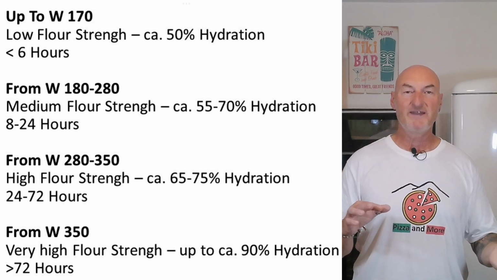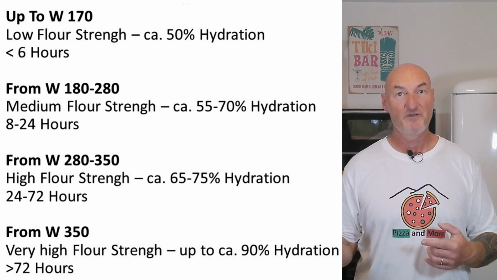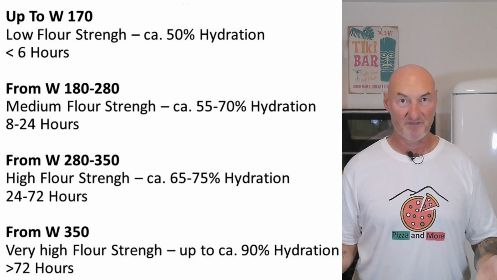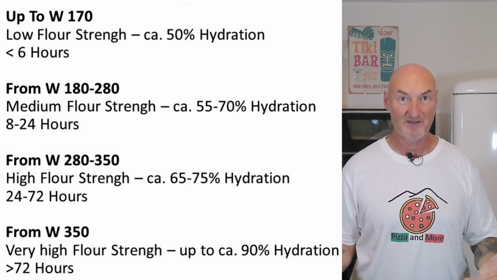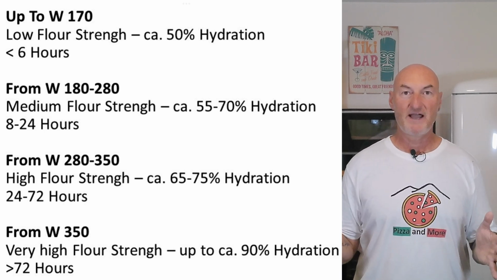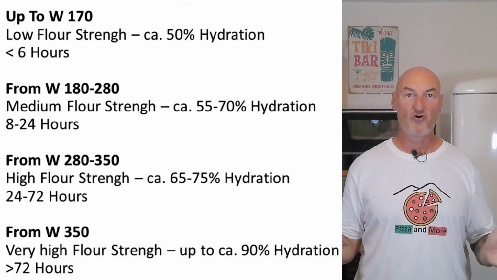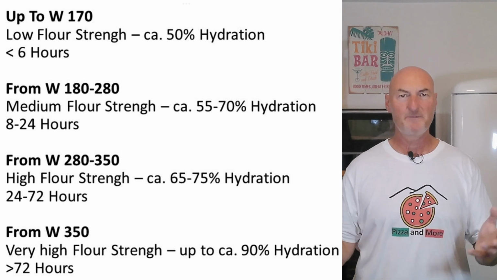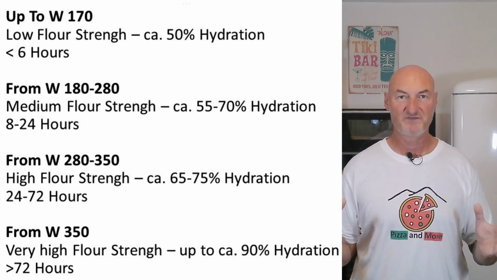Then from 280 to W value 350, we speak of a strong baking strength or a high W value. This kind of flour is then able to take over 65 to 75%, maybe a bit more. This always depends a bit on the quality of the flour.